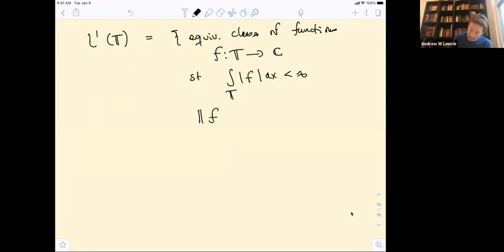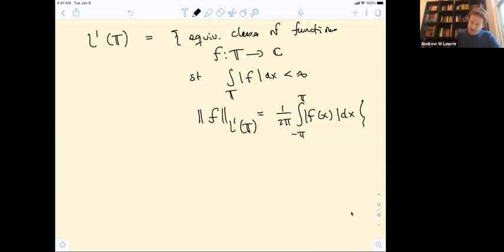And the L1 norm is the same object we studied a lot in the beginning of class: 1 over 2 pi, the integral from minus pi to pi. We identify the functions with functions on minus pi to pi, of the absolute value of f of x dx.